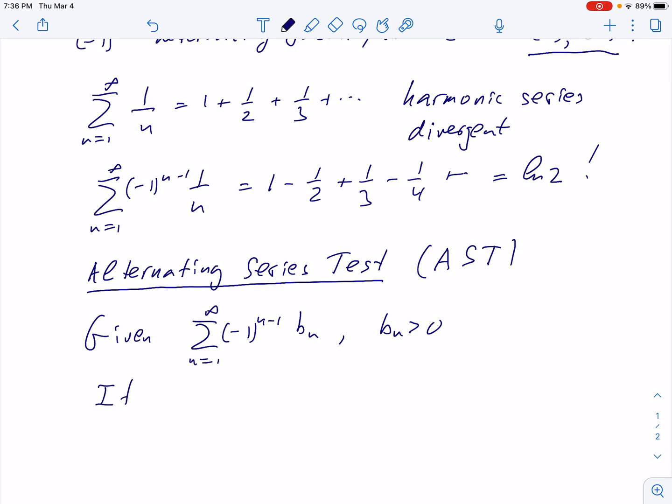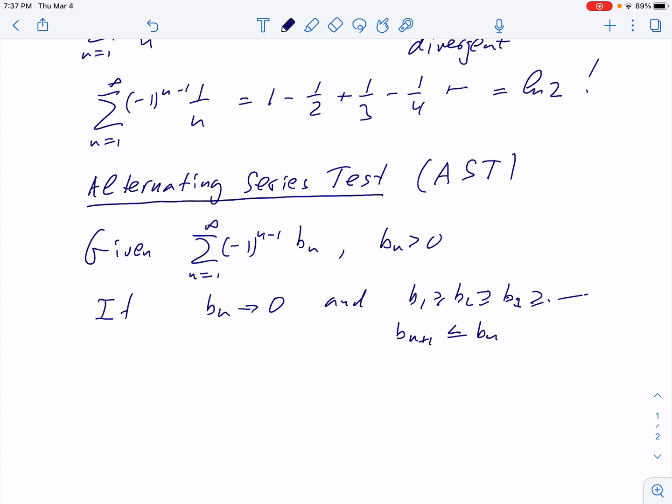If this sequence approaches 0, b sub n approaches 0 when n goes to infinity, and it approaches 0 decreasingly, so b1 greater or equal b2 greater or equal b3, decreasingly, b sub n+1 is less or equal b sub n for all n.